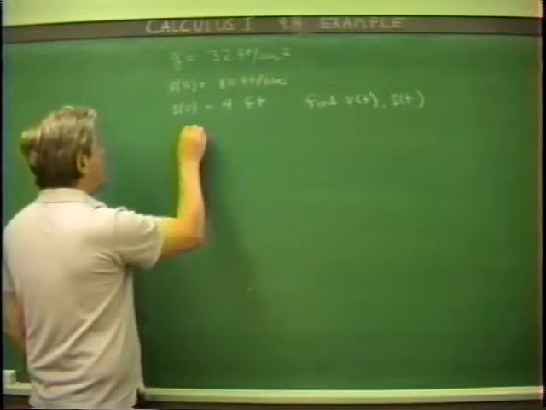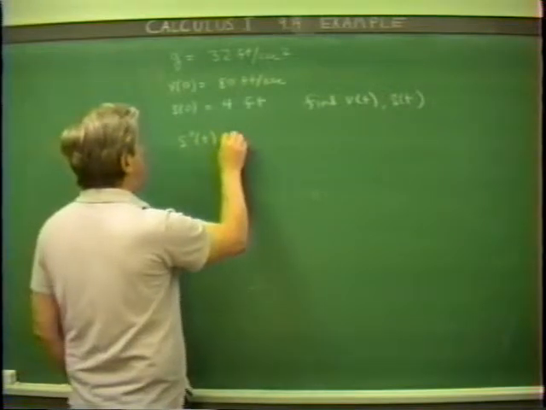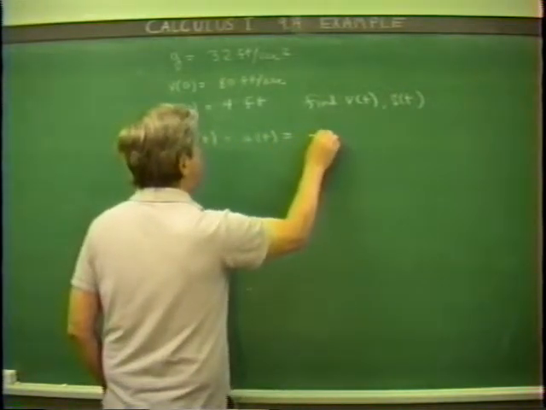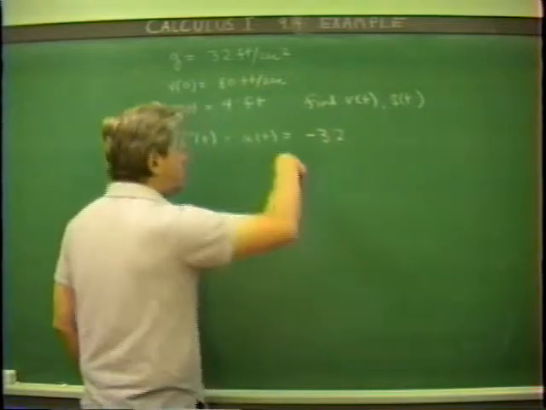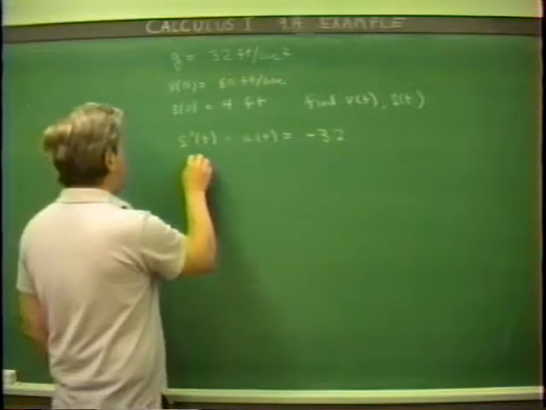So what do we have here? We have S double prime of t, or A of t, is equal to minus 32. The acceleration is in the downward direction, so minus 32.